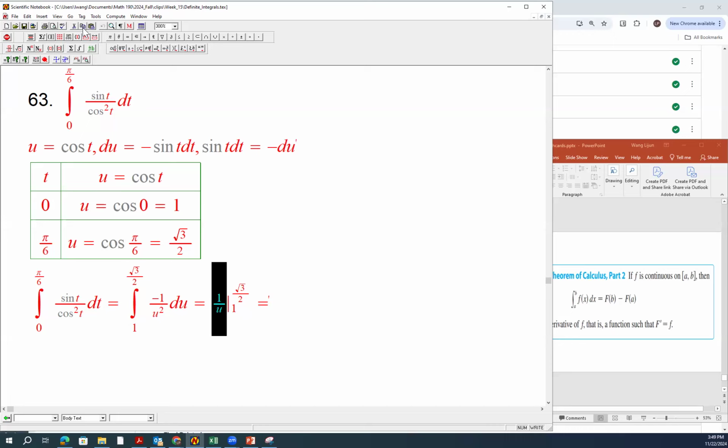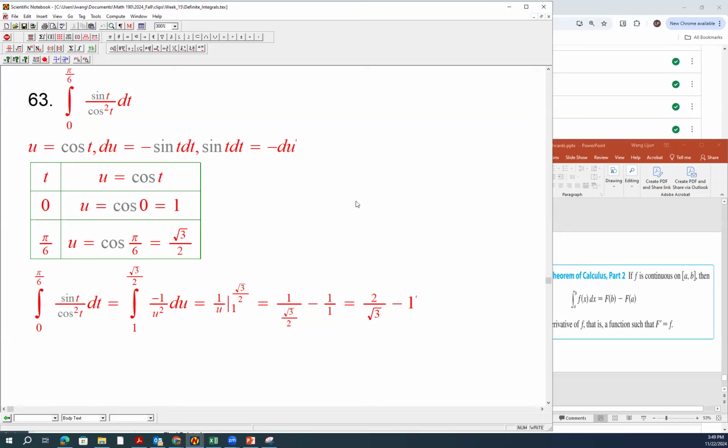So 1 over u evaluated at the top minus 1 over u at the bottom equals 2 over root 3 minus 1.